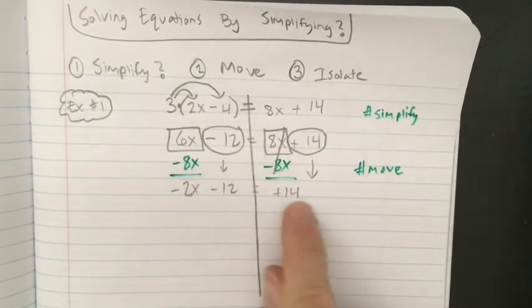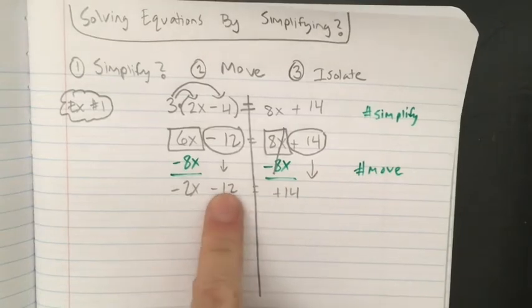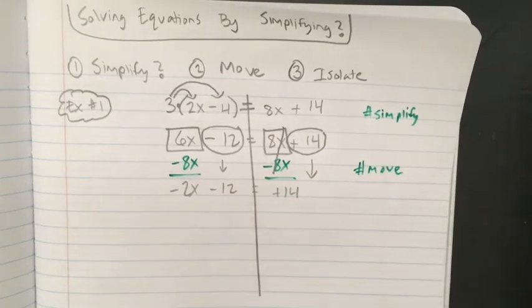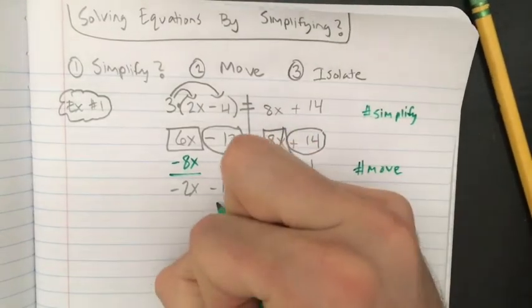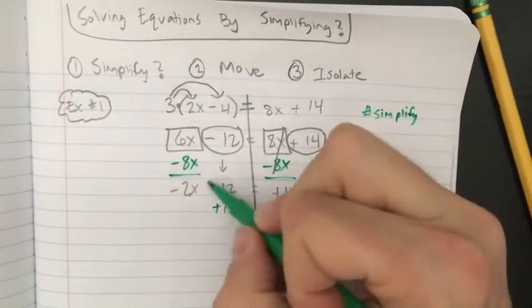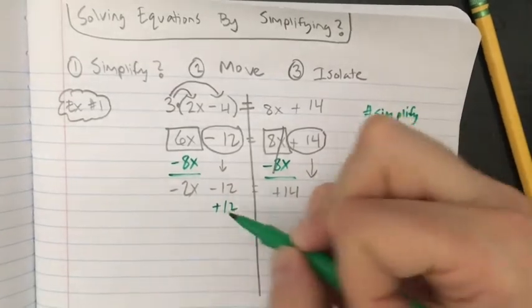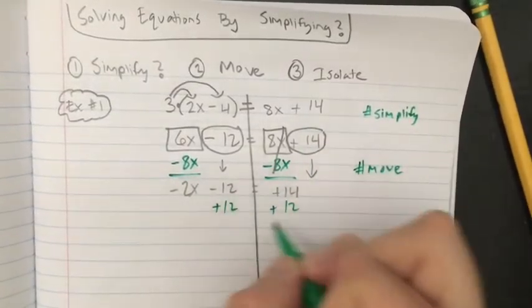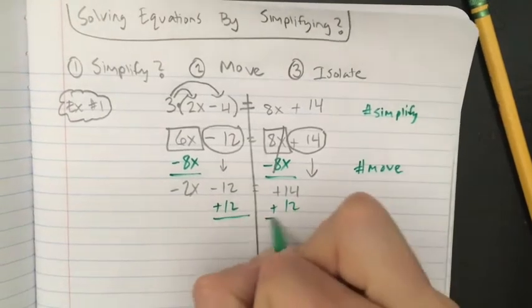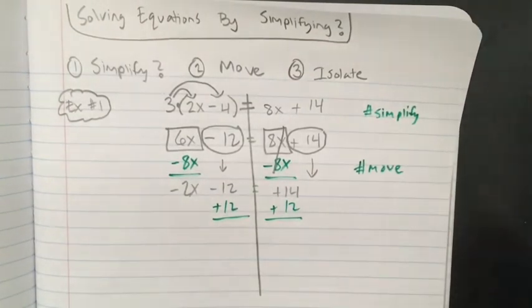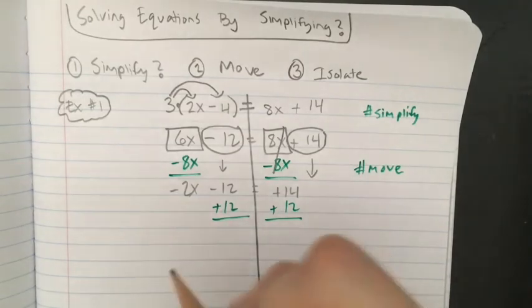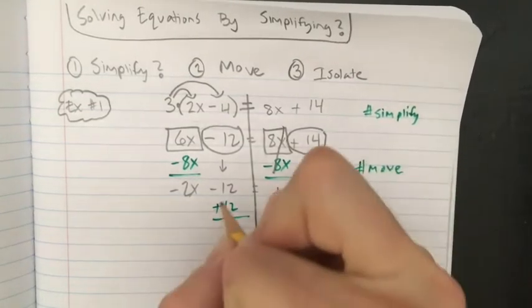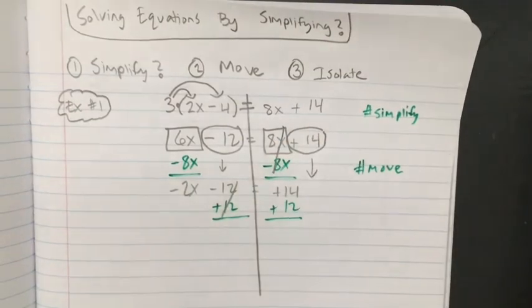This now looks like a 7th grade level equation. I need to get that constant moved over here, so I'm going to move again. And this time I'm going to use my green. So to move a negative 12, I add 12. That's going to make it go away. Anything I do to one side, I do to the other. And now what I have is negative 12 and positive 12 cancels out.